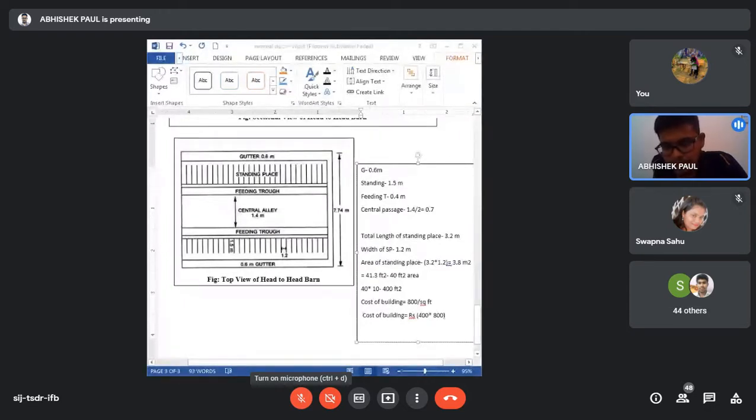So this building is coming under fixed cost. What else is there? The cost of the animal. This is based on our assumption. Suppose you are assuming the cost of the animal is 60,000 per animal. Then if you want to purchase 10 number of animal, you can directly multiply 60,000 into 10. So it will be 6 lakh. If it is 20, then 12 lakh.